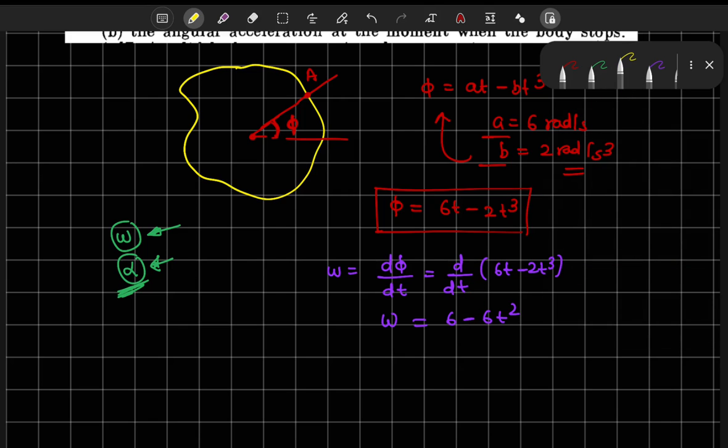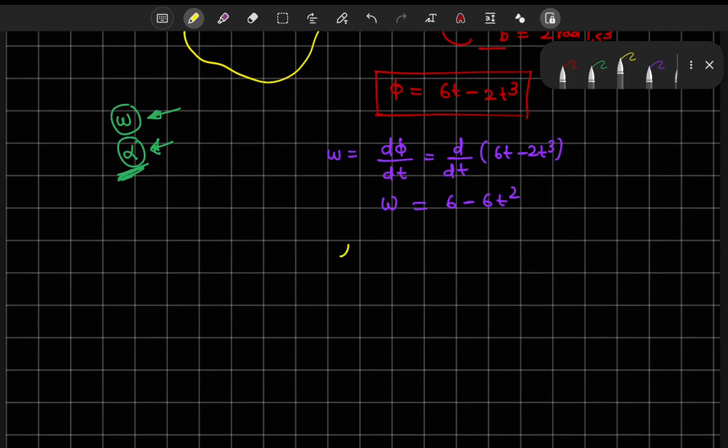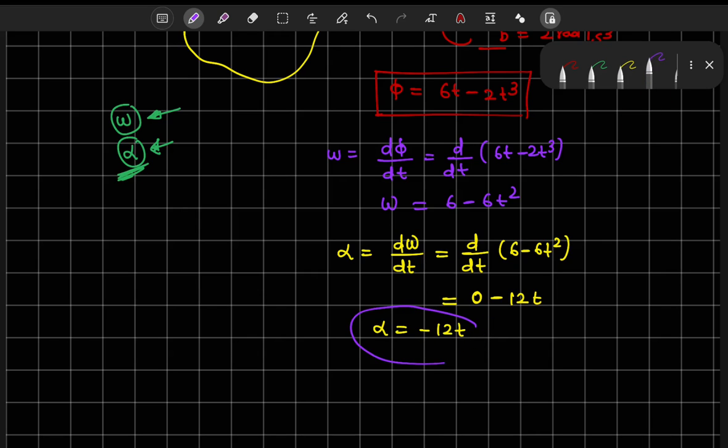Now the angular acceleration we can write as the derivative of angular velocity with respect to time, that is d by dt of 6 minus 6t square. Here the differentiation of 6 is 0, minus differentiation of t square is 2t, so we will get minus 12t. So the value of alpha we got is minus 12t, and we can clearly see that the angular acceleration depends upon the time.